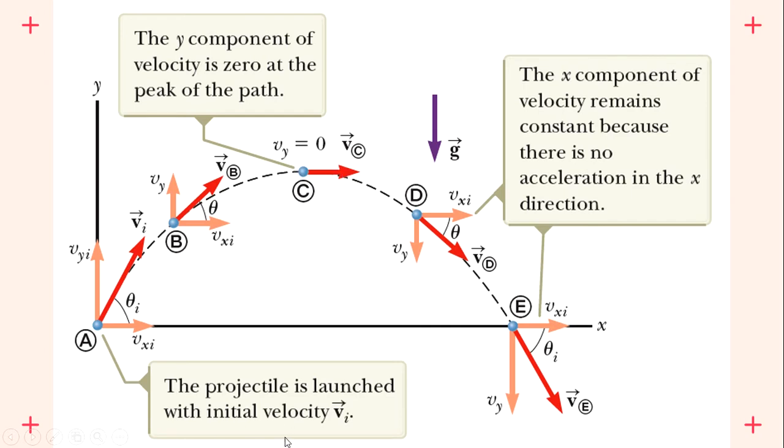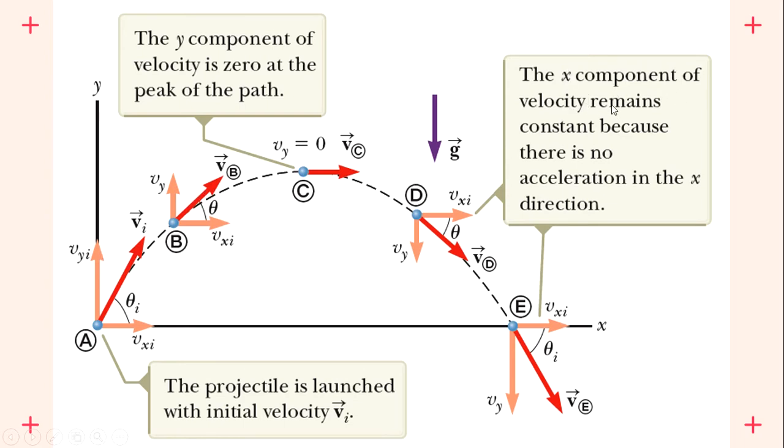Okay, so if the projectile is launched at an initial velocity of vi, shown like this, and this is our angle, it travels in this path, which is a parabola. At any time the acceleration due to gravity is constant, so the velocity in the y direction varies, but the velocity in the x direction does not.